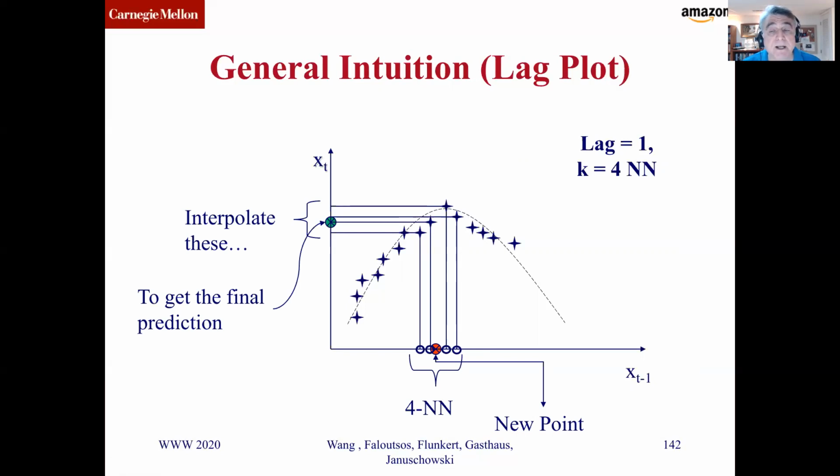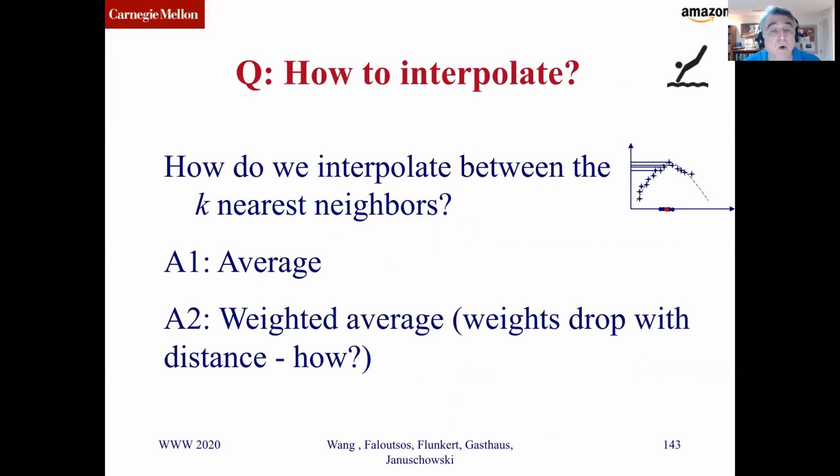So this is the high-level idea behind the delayed coordinate embedding method. There are a few details to discuss. How would we interpolate between the 4 nearest neighbors? One obvious answer is the average. A second answer is the weighted average, weighted according to how far away you are from the red point.